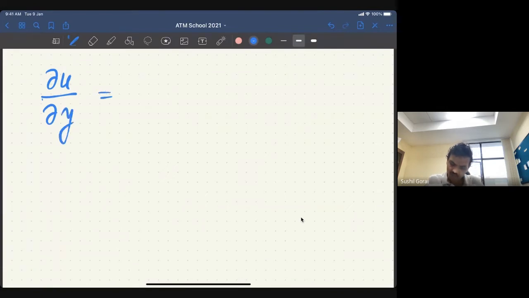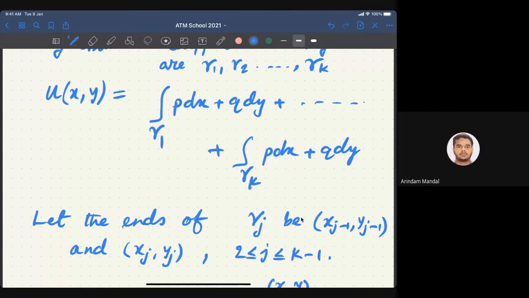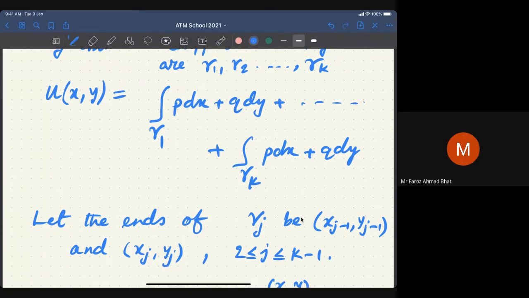So look here: which integrals actually depend on y? The q dy part. But which part? The last one.